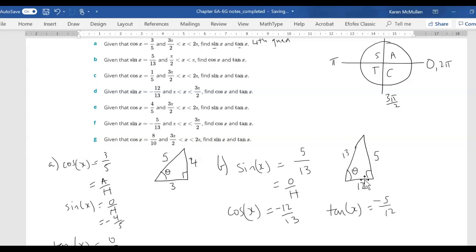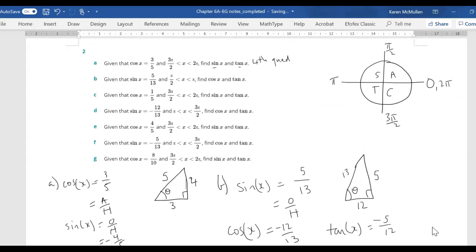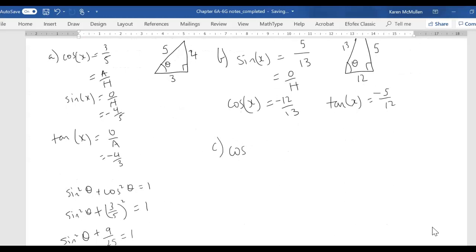Well, let's do C. Just wondering if that is a triad. It's got a 1 in there, 1/5. All right, so if we were to draw the triangle, so we've got adjacent over hypotenuse, so 5, 1.